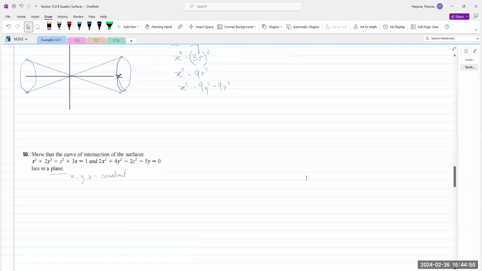Okay, so here to show that it lies on a plane, I need to show that assuming that it is on the xy plane or parallel to the xy plane or xz plane or yz plane. Of course, there's another plane that it may be; the plane may be slanted. Okay, but I think we see later on.